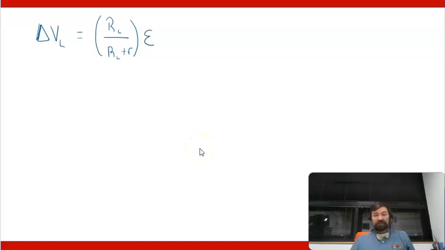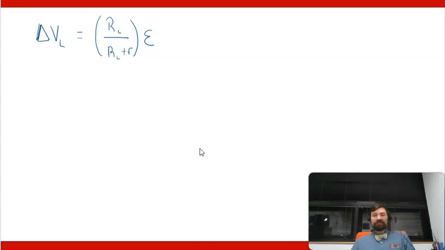Now let's consider some limiting cases. Suppose that the load resistance is small. Maybe the internal resistance is like 10 ohms and my load resistance is only like 1 or 2 ohms. What happens if I make the load resistance bigger?